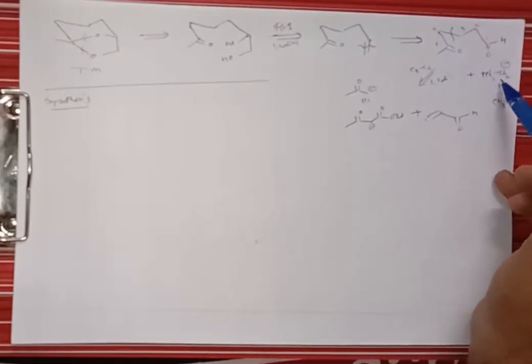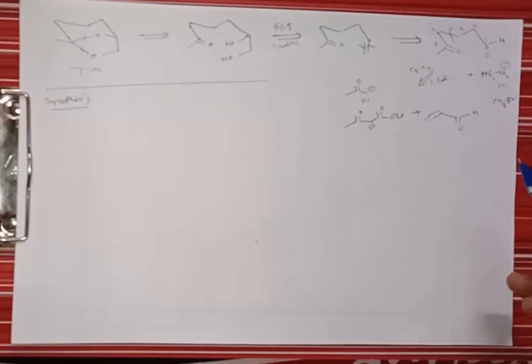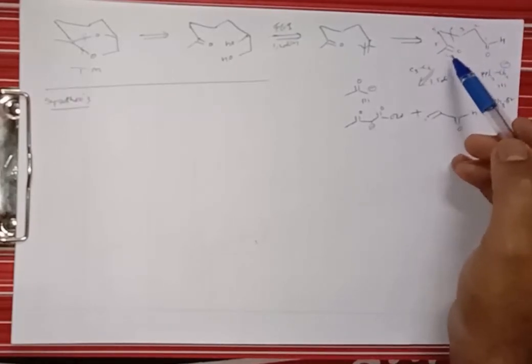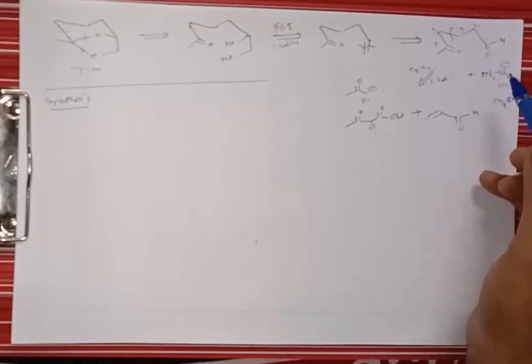But when we treat this molecule with triphenylphosphine, some ketone also reacts, and therefore we have to protect the ketone. But it is difficult to protect the ketone in the presence of aldehyde, and therefore the solution is short.